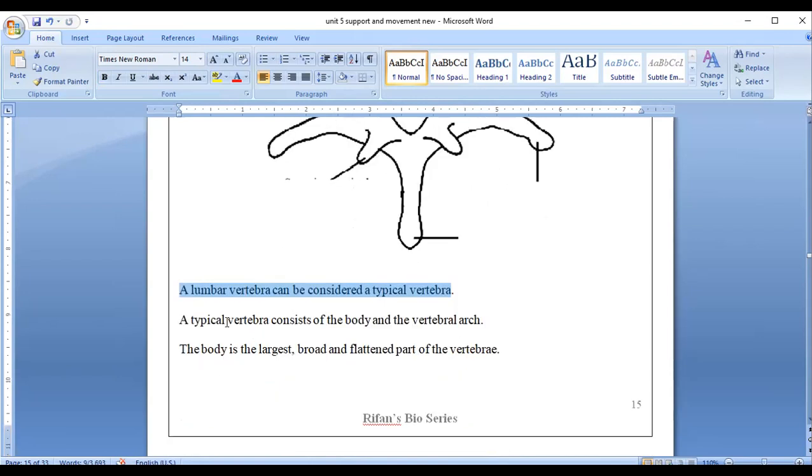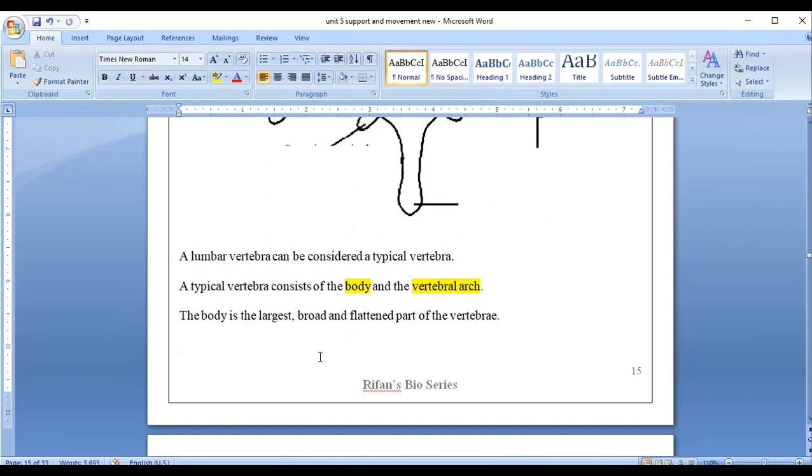Clear, sir. So basically they are dividing the components into body and vertebral arc. As I told you, it can be called vertebral arc or neural arc. I'm not memorizing the book, I'm memorizing the subject.